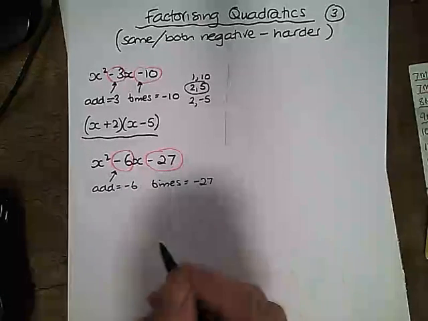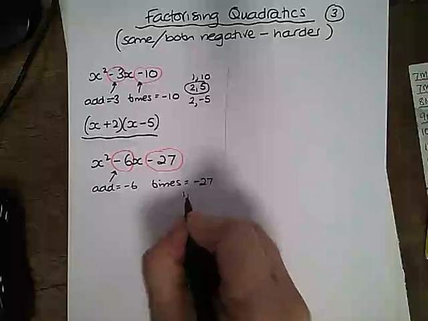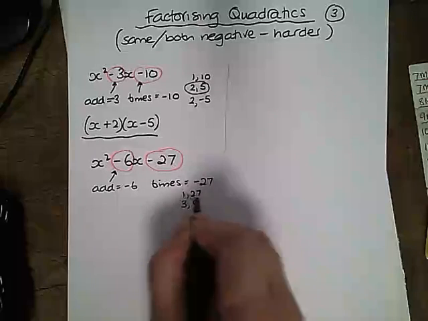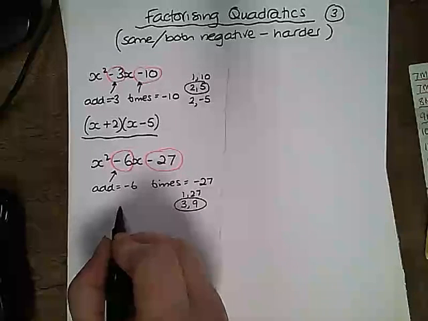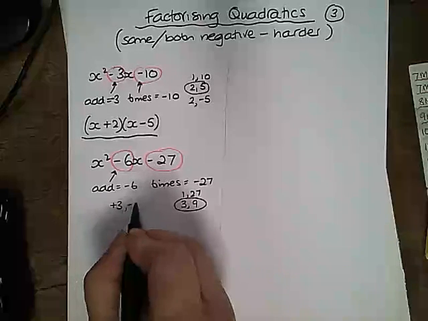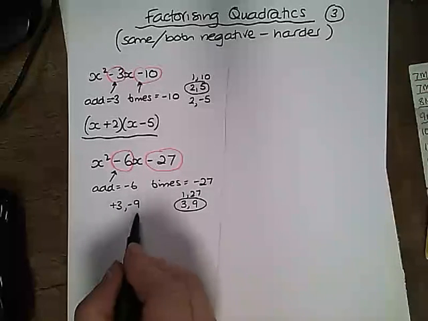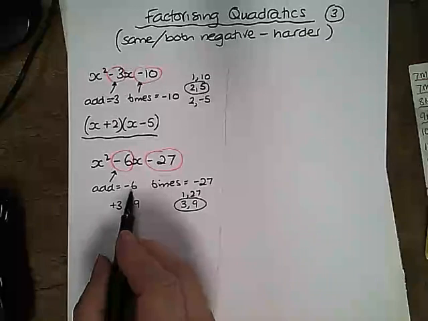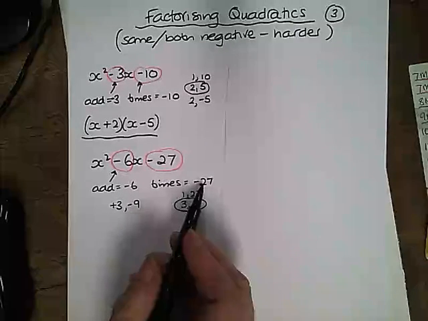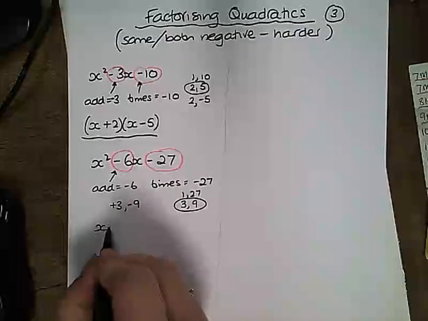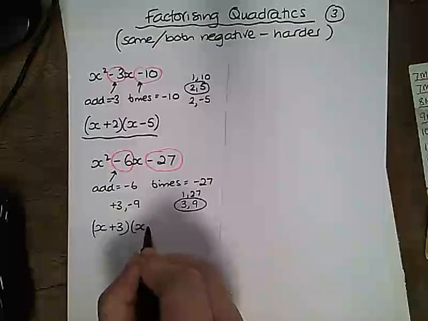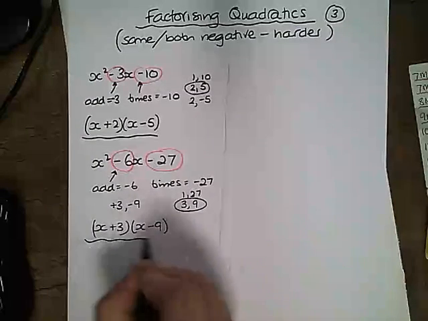So the factor pairs for 27, 1 and 27 and 3 and 9. I'm going to choose this pair, and if I made it plus 3 and minus 9, when I add those two together, 3 take away 9 is minus 6. If I times them together, 3 times minus 9 would give me minus 27. So my factorisation would be x plus 3, x minus 9.